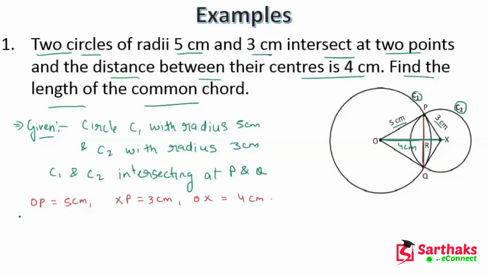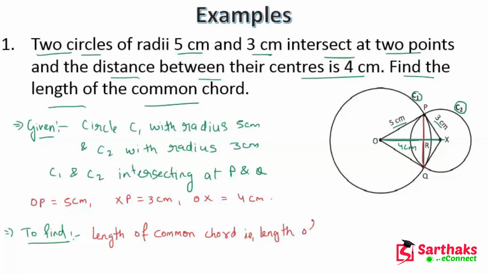We have to find the length of the common chord, meaning the length of PQ. PQ is the common chord, meaning it is a chord of C1 as well as a chord of C2. Yes. So now let's start the solution.